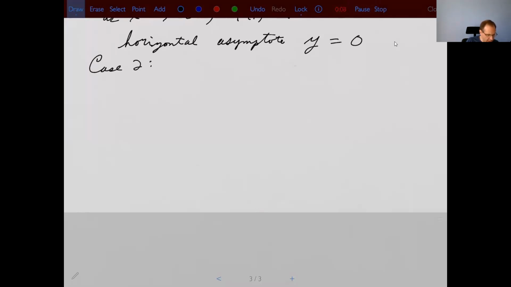Suppose that the degree of the denominator is less than the degree of the numerator.